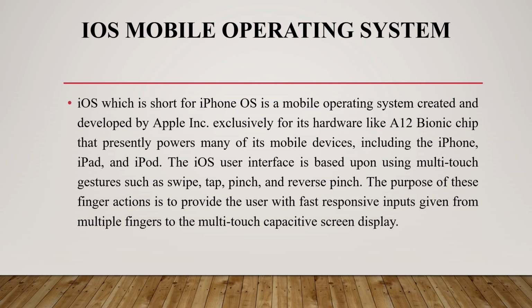The iOS user interface is based upon multitouch gestures such as swipe, tap, pinch, and reverse pinch. The purpose of these finger actions is to provide the user with fast, responsive input from multiple fingers to the multi-touch capacitive screen.